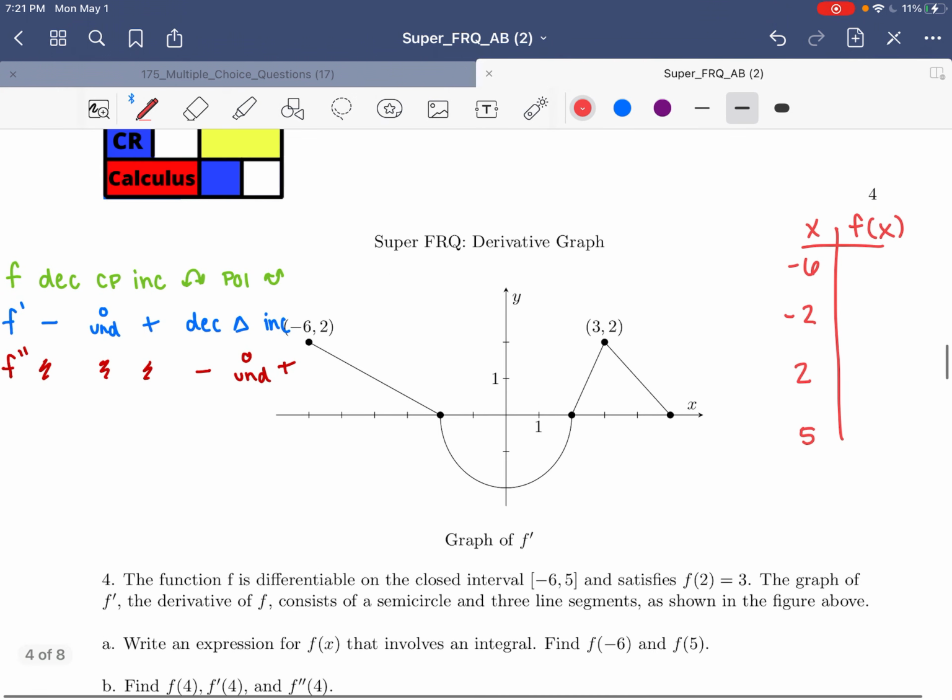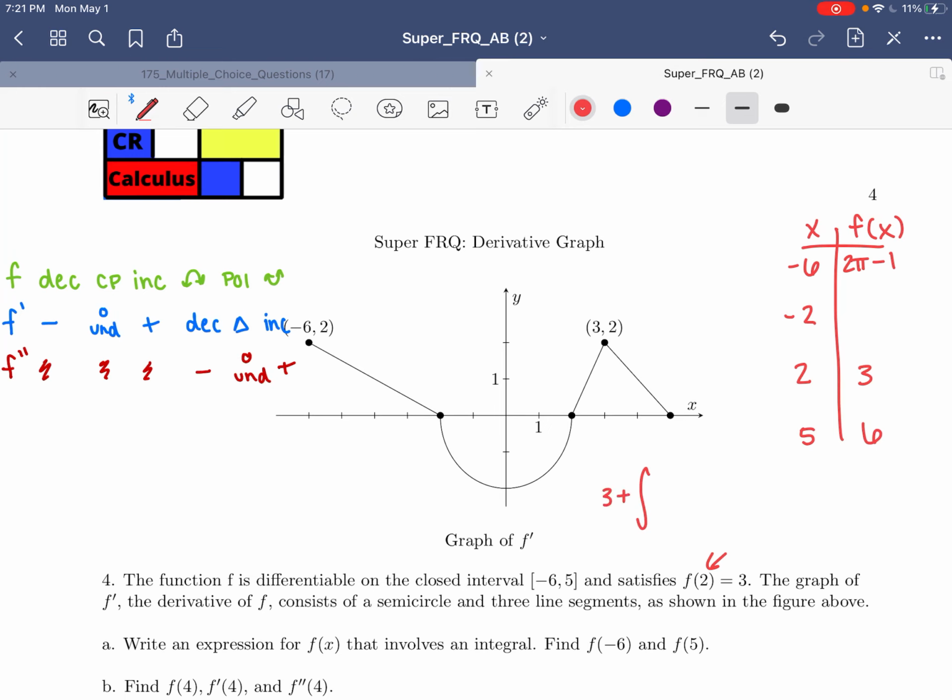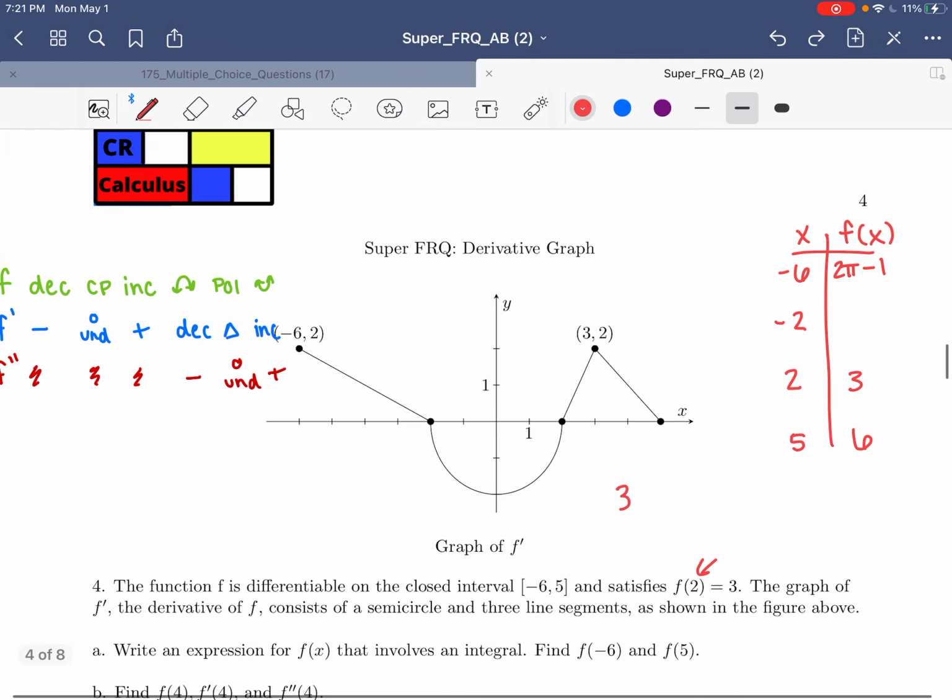So now we've already found some of these points. F of -6 is what we found way earlier. We found that to be 2 pi minus 1. F of 5 we already found was 6. F of 2, they tell us right here, is 3. Then f of -2, we would find the same way that we did before. So I know that should equal 3 plus, or in this case, it really should be a minus because we're going to change the order.